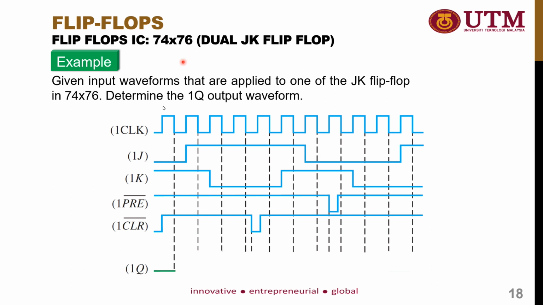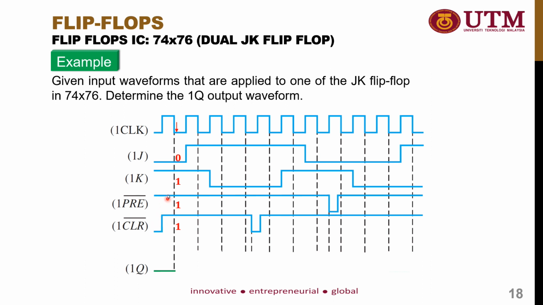As usual, in order for us to investigate the asynchronous flip-flops, you must first see the initial condition. You see the initial condition of J and K, and the preset is initially set to 0 and then it's set to 1.